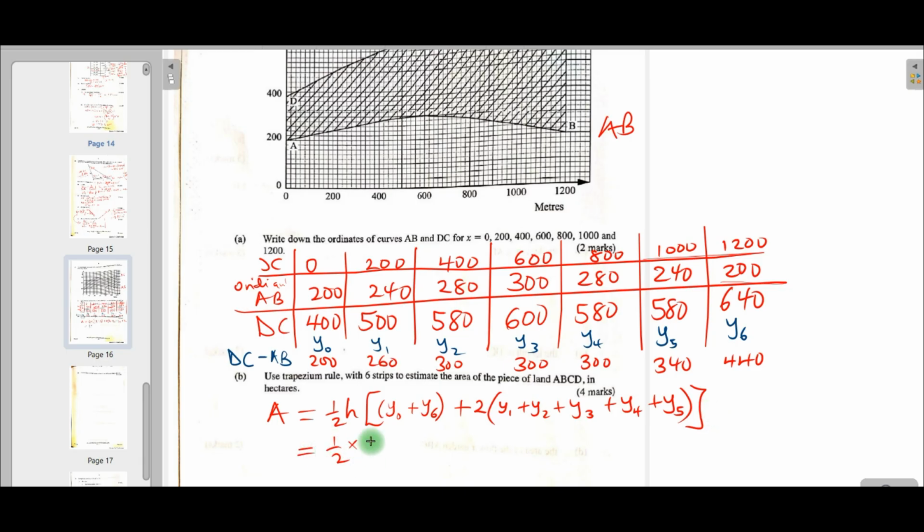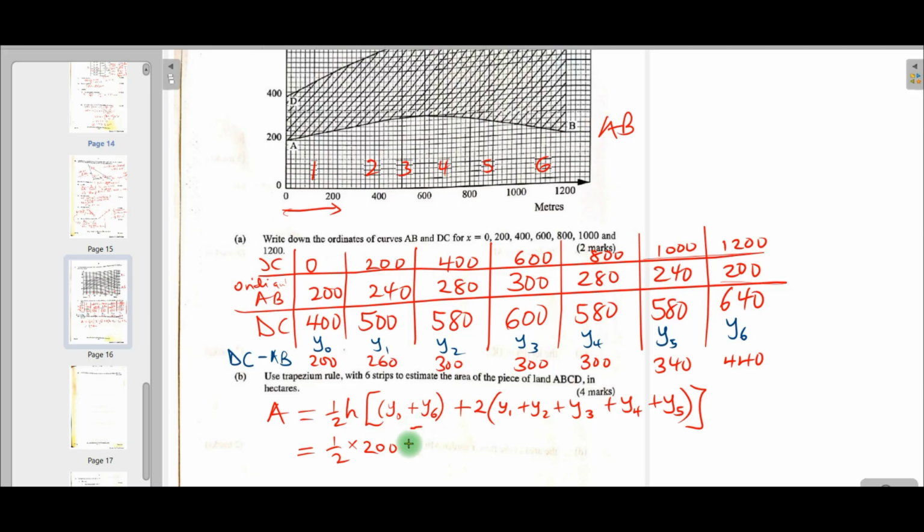So this will be a half of the width. In this case, the width for each strip: we have the first strip, second, third, fourth, fifth, and sixth. So for each strip the width is 200 minus 0, so that is 200.